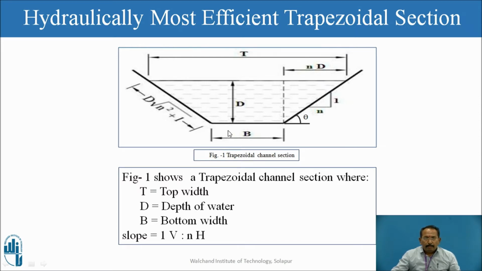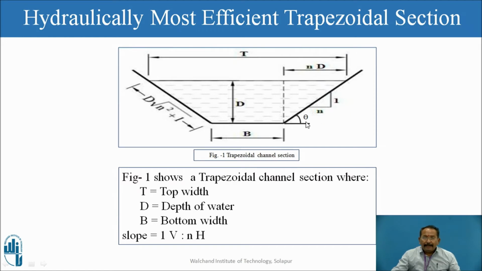Now the bottom width is B. The top width: this part on both sides is nd. So B plus twice nd is the top width. T is the top width, B plus twice nd. The slope you can see here is n horizontal to 1 vertical.